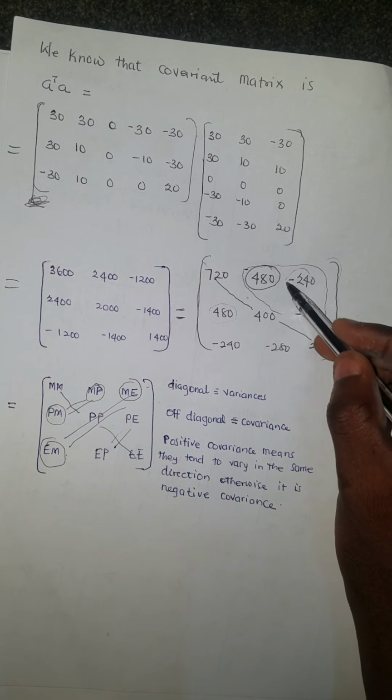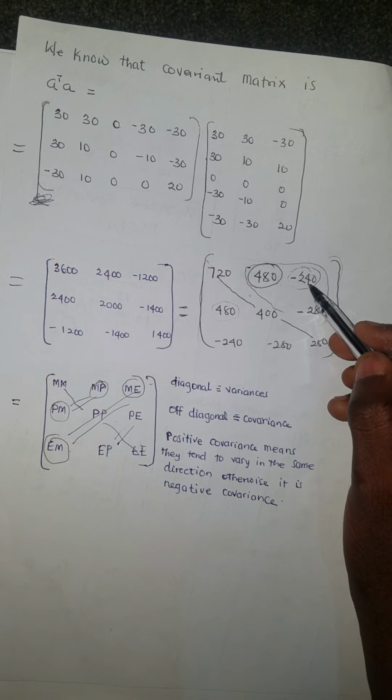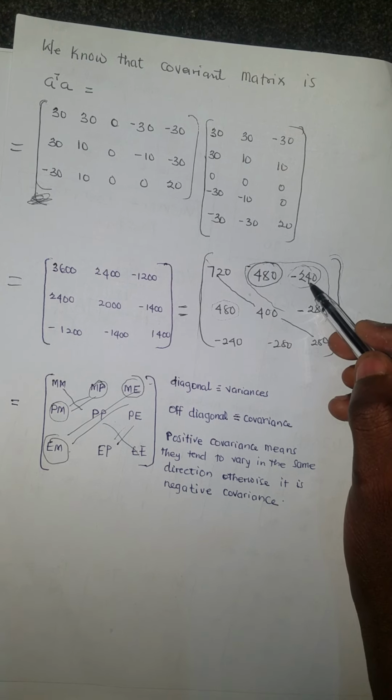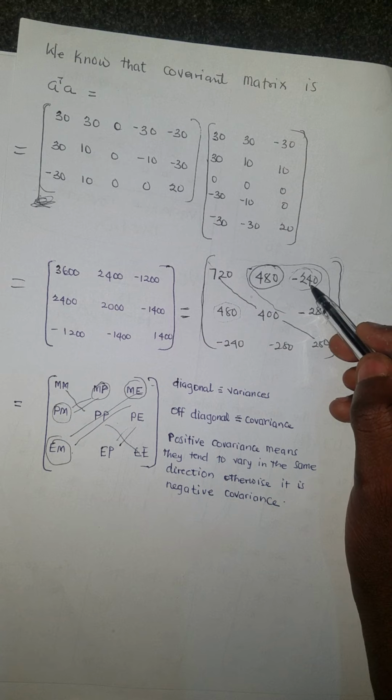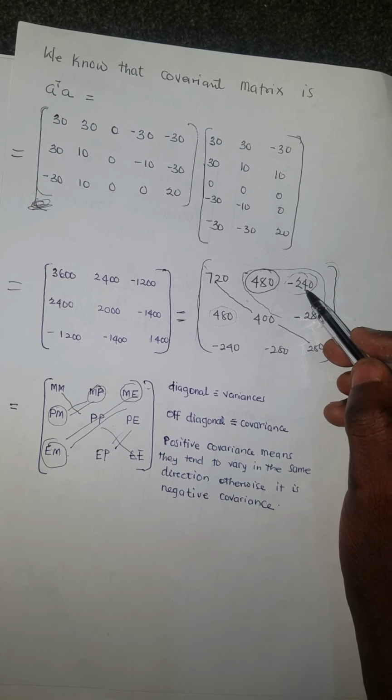But here it means that if the student gets high marks in mathematics, it's possible the student will get a very low mark in English.